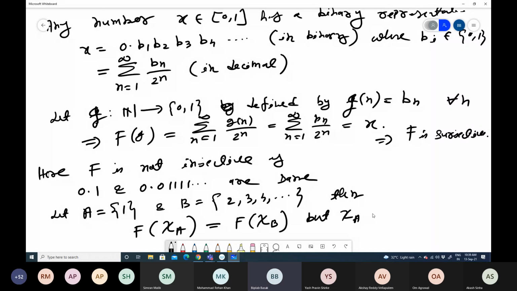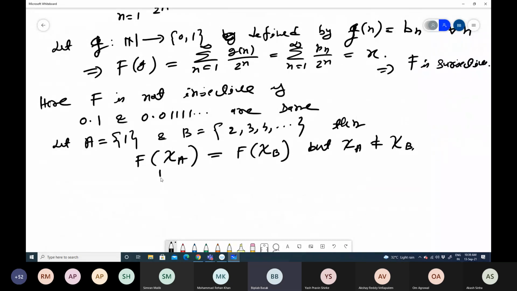But chi A is not equal to chi B. So you have two functions, chi A and chi B, where chi A and chi B are not the same, but their values are the same. The values are the same in the sense that this is 1 by 2, and this is 1 by 2 plus 1 by 4 plus 1 by 8 plus 1 by 16 plus and so on, and this is again 1 by 2.